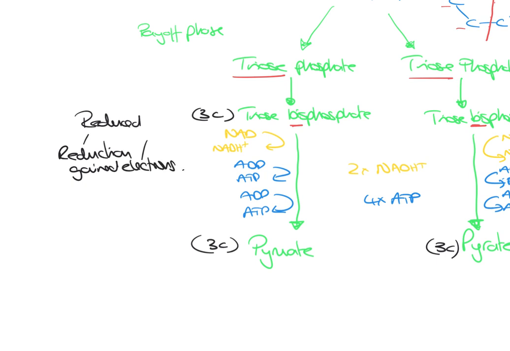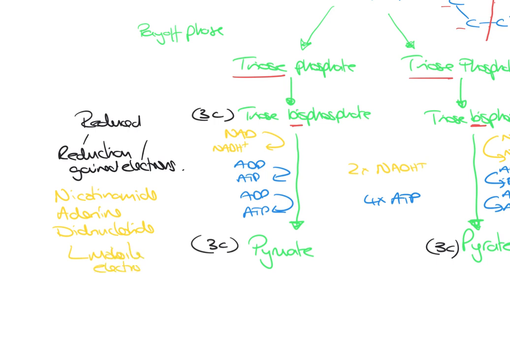NAD is a molecule with a big name, and I'll tell you the name, but you don't need to remember it. The molecule is called nicotinamide adenine dinucleotide. All it does is act as a mobile electron carrier.